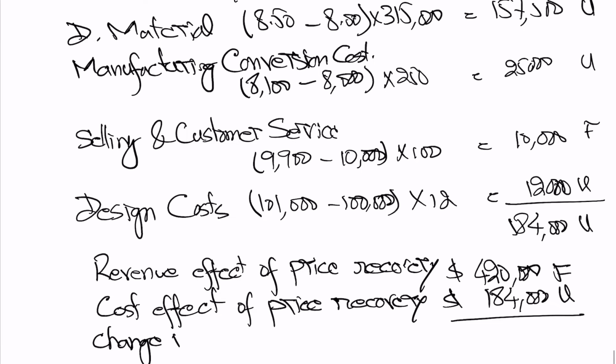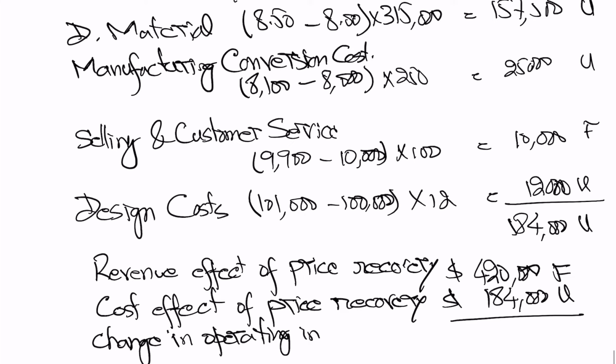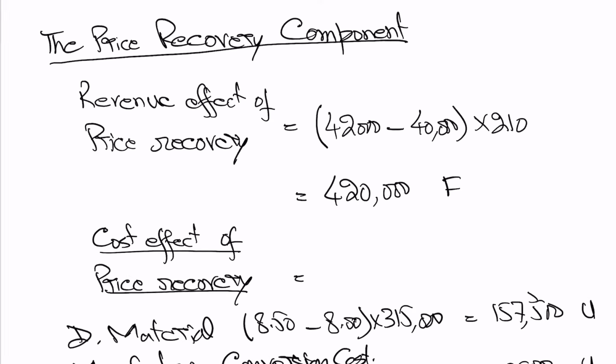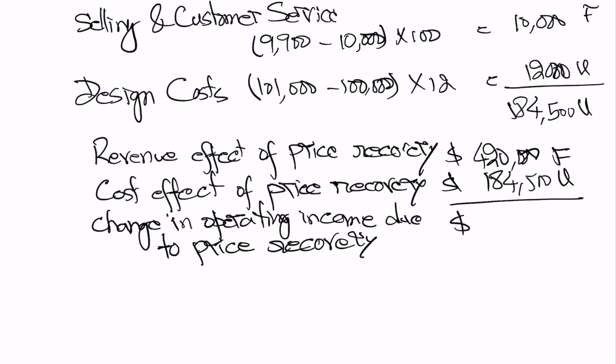in operating income due to price recovery is, sorry, it's a 500, so we get 235,500 favorable.